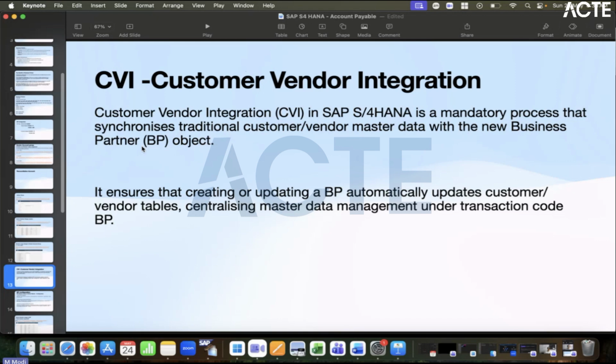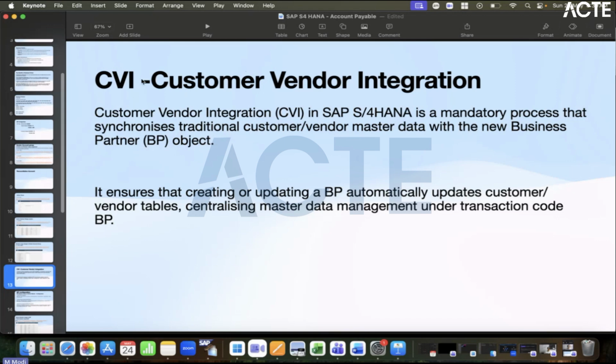If you go to an interview and they ask you the difference between ECC and S4 HANA in account receivable and account payable, you can explain this: what is a business partner, what is the advantage of this, what type of roles there will be, and how it is done. It is called synchronization of vendor or customer to the new business partner. So it's called CVI.